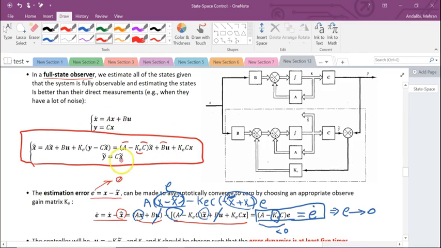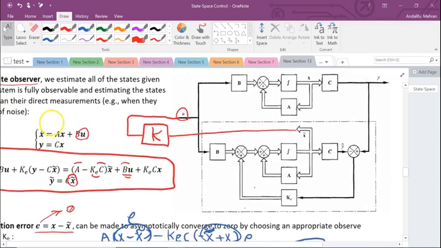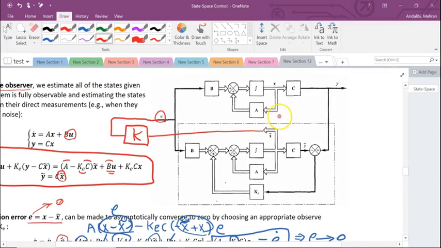And this observer will give us X tilde that, as I said, we use to form what? U. So once we have this X tilde, we send it to a gain block of K, and the result is going to be the control input U, which not only has to be used in the physical system, it also has to be used in the observer.